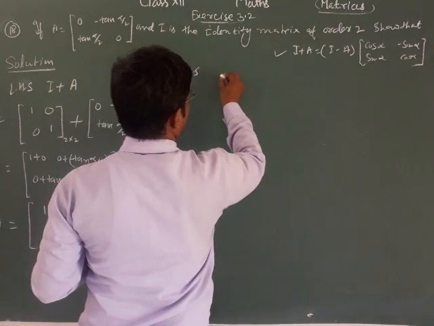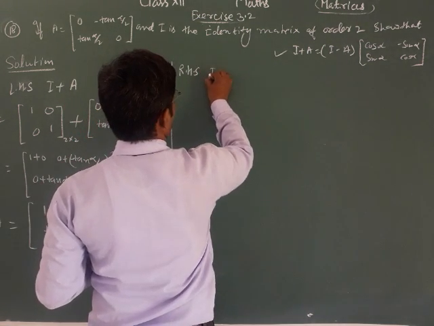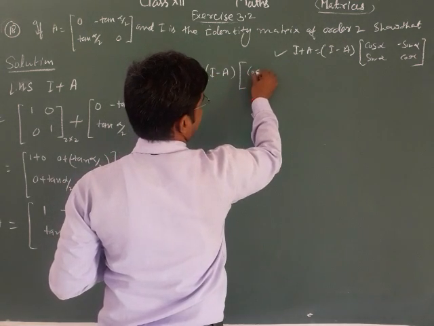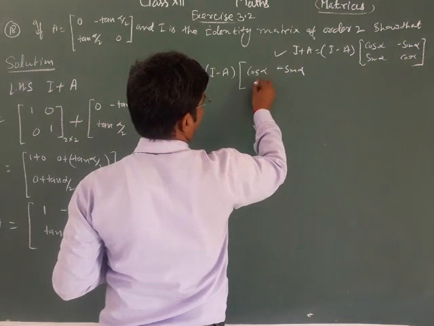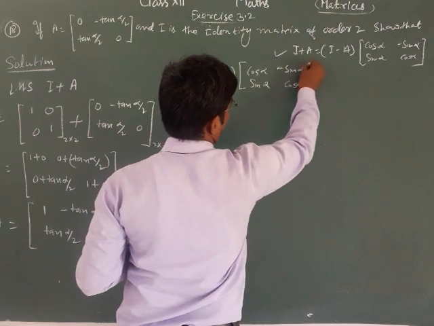So I minus A, and cos alpha, minus sin alpha, sin alpha, cos alpha.